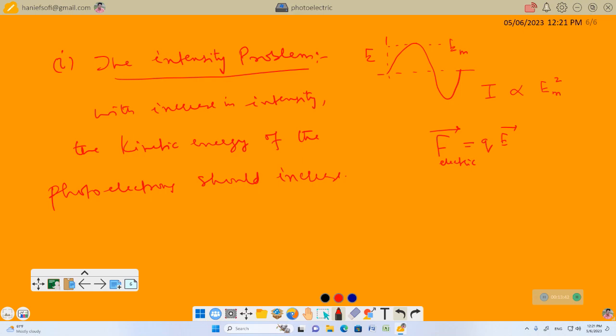Increasing intensity means increasing electric field, means increasing force on the electrons. Hence, the kinetic energy of the photoelectrons should increase with increasing intensity.